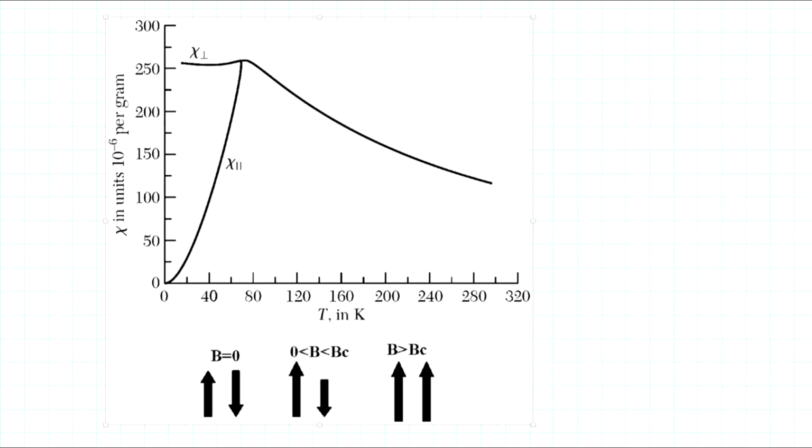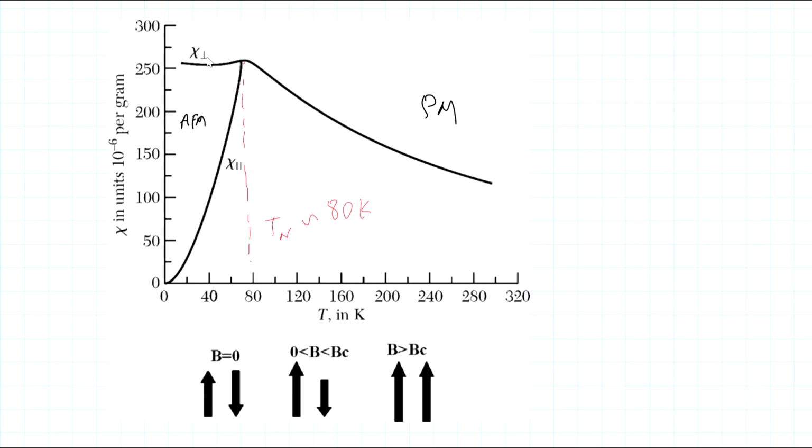So what these two authors do is they model the transition, and you can see that this is the Néel temperature, and the Néel temperature is approximately 80 Kelvin for this material. This is the paramagnetic state here, and this is the antiferromagnetic state here.